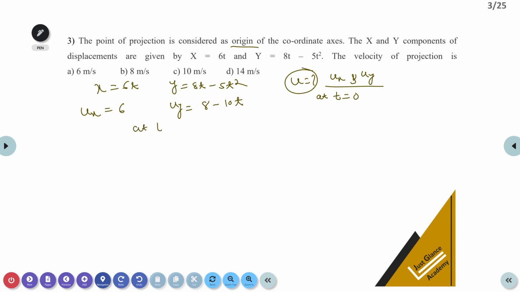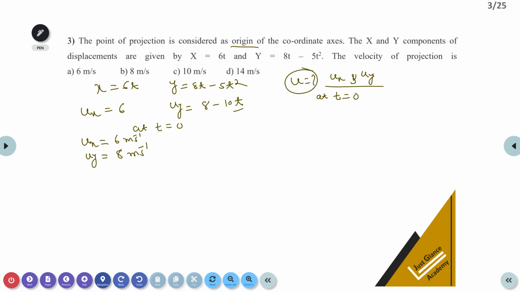At t equal to 0, ux equal to 6 and uy equal to 8 minus 10t, which is 8. So 6 meter per second and 8 meter per second.